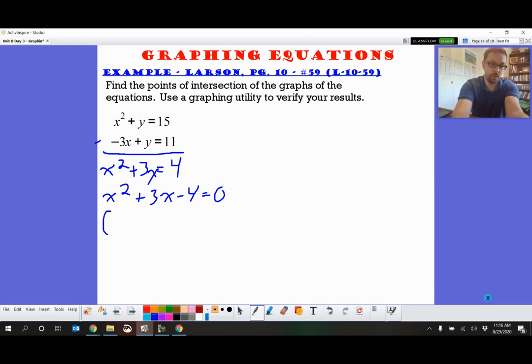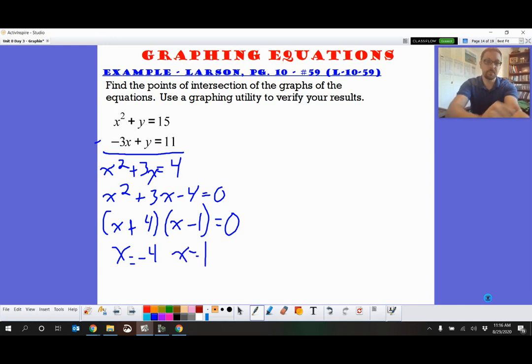Do a quick factor. x plus 4 and x minus 1. Ooh, those are those numbers that we were getting before. So x equals -4 and x equals 1. Now we want to plug these into the lower degree equation, if I'm not mistaken.